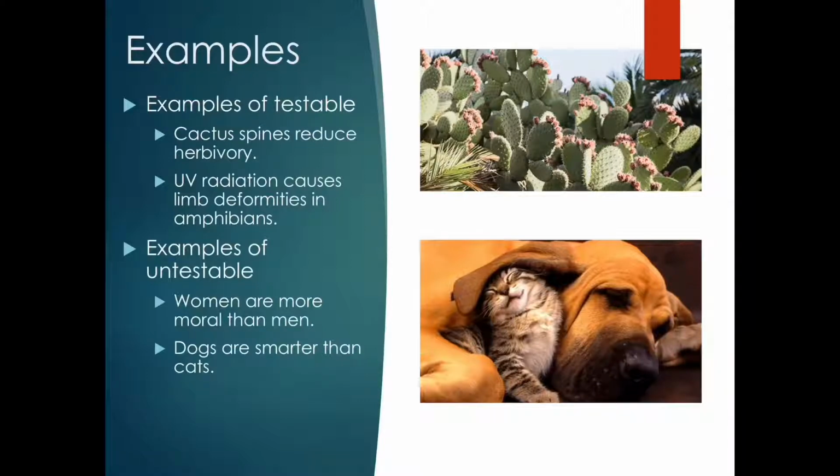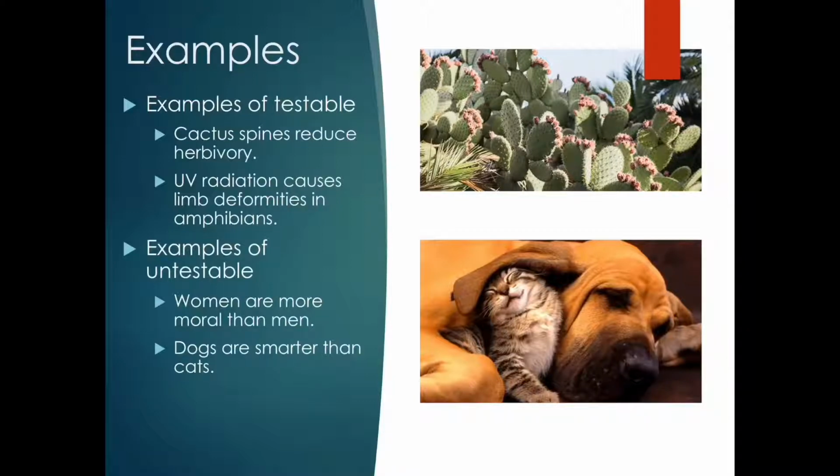Some examples of untestable hypotheses are more subjective and aren't really testable in a quantitative state. So one would be women are more moral than men. You could think women are more moral than men, but that's not really testable because it's more subjective. Another example is dogs are smarter than cats.